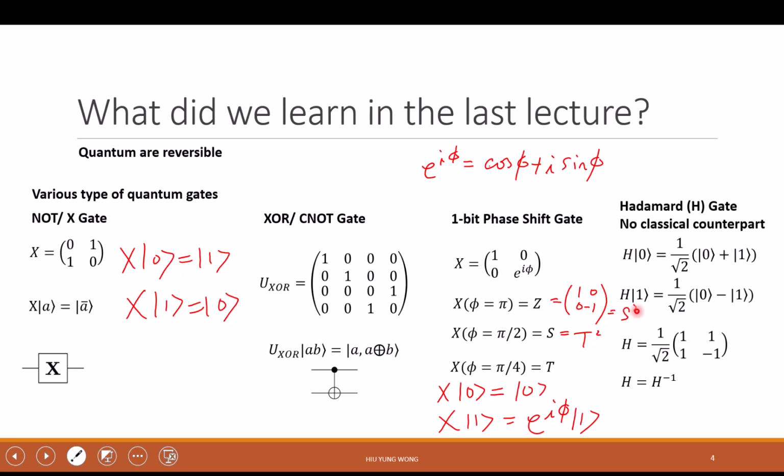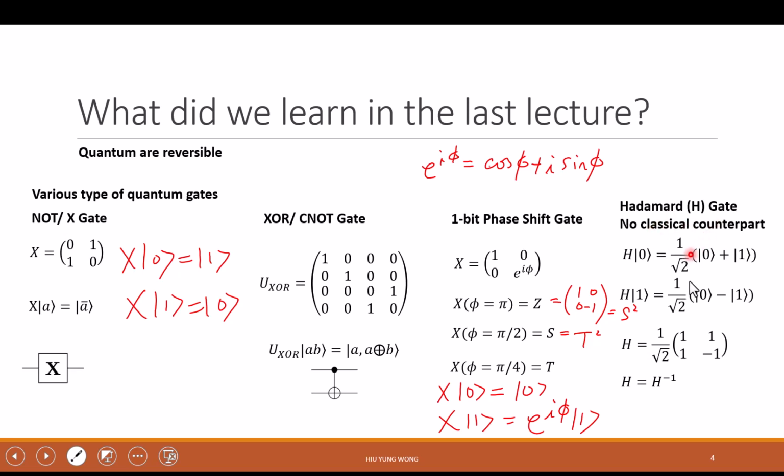Now there's another very important gate that has no classical counterpart, which is the Hadamard gate. What does it do? Just based on the definition, H applied to 0, what do you get? You get a linear combination of 0 and 1. And what is linear combination? It is superposition. We say many times, quantum computing is the same as classical computing if you only operate on the basis state.